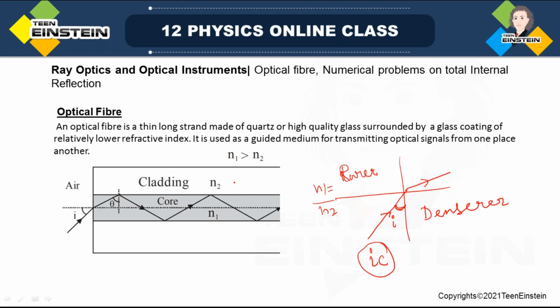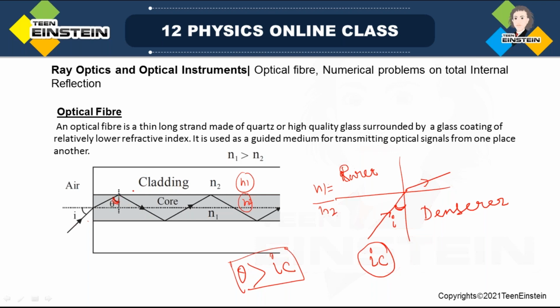Here, the refractive indices N1 and N2 are chosen in such a way that when the light enters into the optical fiber, the angle of incidence will always be greater than IC, that means greater than the critical angle. When it is greater than the critical angle, the total light will be reflected back into the core itself.